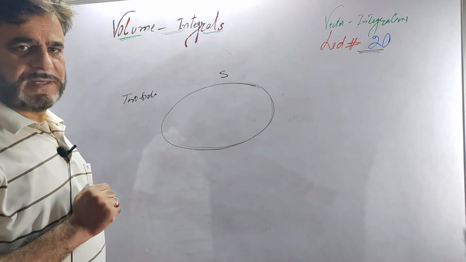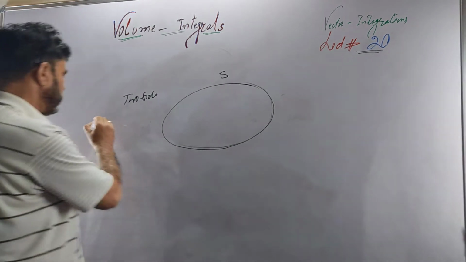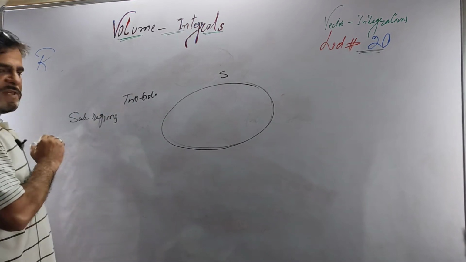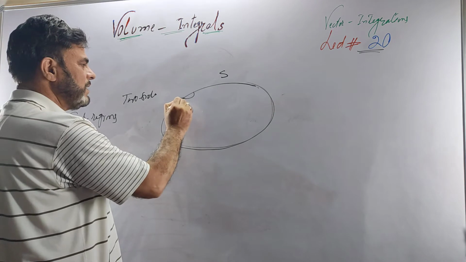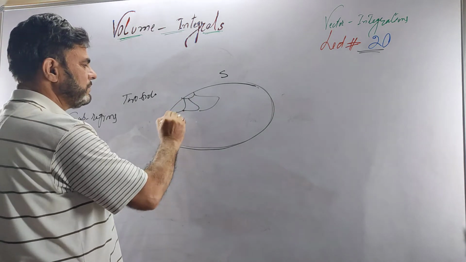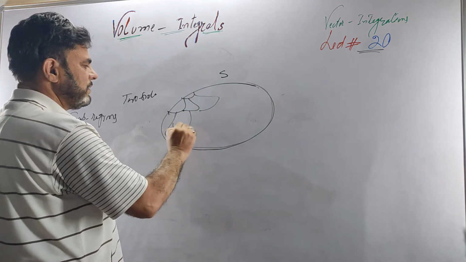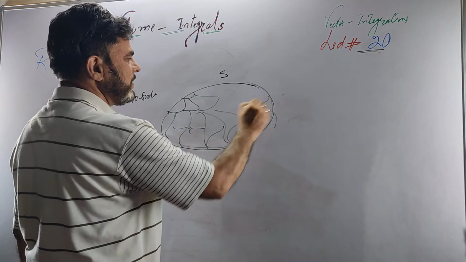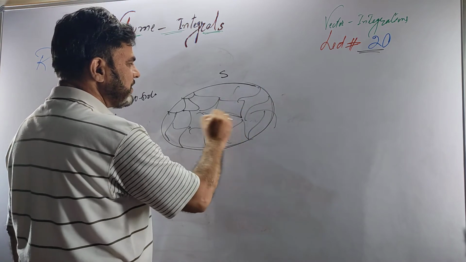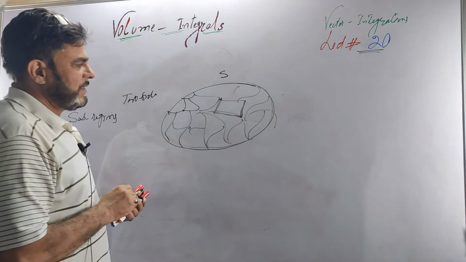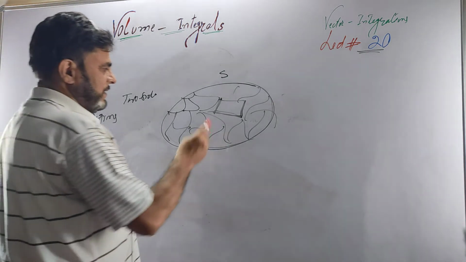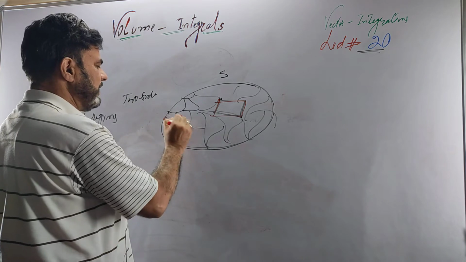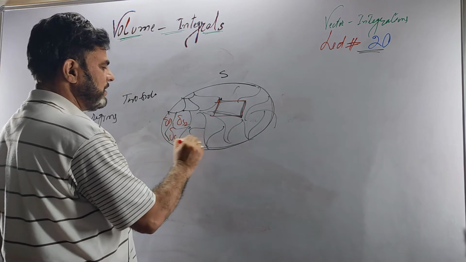Then we make subregions of the surface like this, like this. You make the divisions of this surface like this. Here we take a sample. If you remember, these are delta S1, delta S2, delta S3.